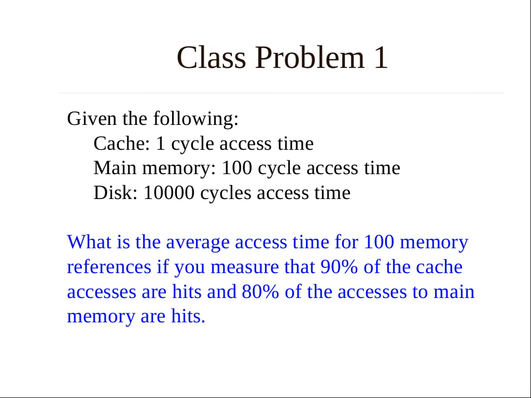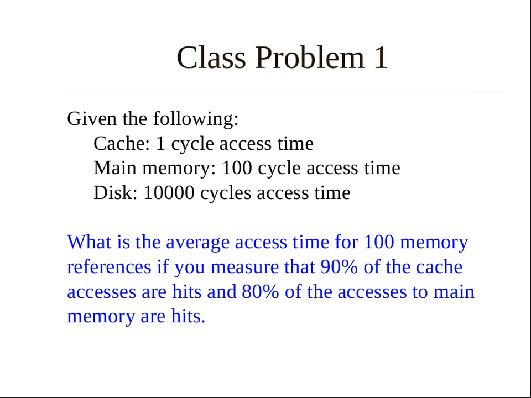Okay? So, first off, we need to calculate of the 100 memory accesses, references, how many go to the cache? 90, because you have 0.9 times 100. Okay? So that's cache.